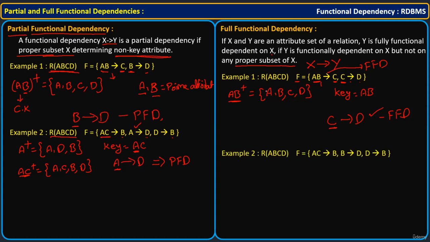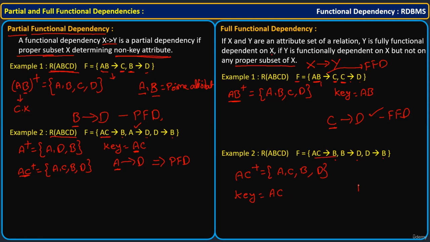Okay, now let us take one more simple example here. Even here, try to identify: A and C are not there on the right side. So AC closure: AC deriving B, and B deriving D. So the key is going to become AC. Now what we have to check is, this is fine, this is full functional dependency.